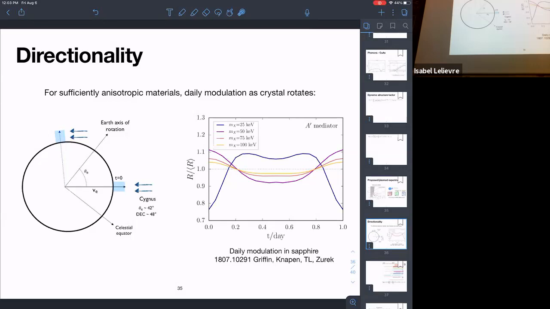And Sensei, some future generation of Sensei and Damic is going to combine into something called Ascura, which is going to have, I think, 10 kilograms. But I think it's generally harder with these crystalline ones. You need very high quality crystals. It's possible, but it's a lot of work.